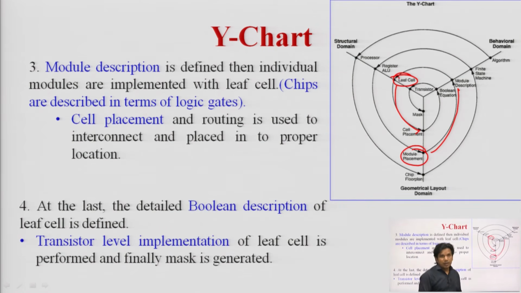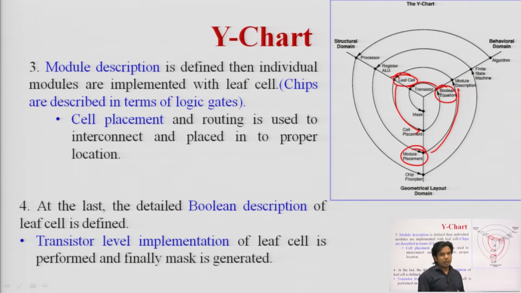At the last, the details of the Boolean description of the leaf cell are defined, and this can be done under the behavioral domain. Once you have defined the Boolean equations, you move to the structural domain and go for the transistor level implementation.